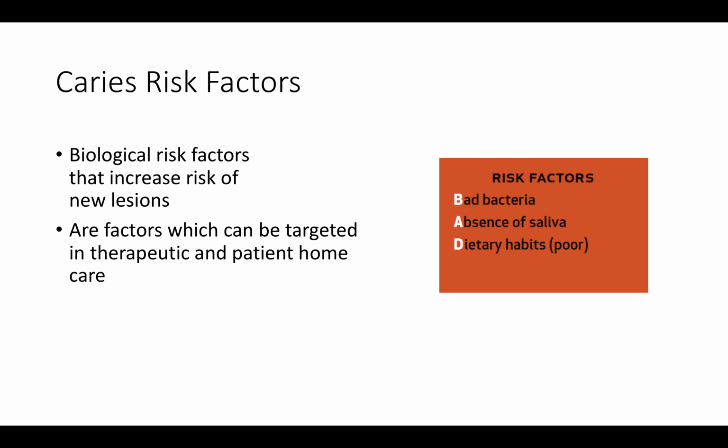They can be poor, and they push the ecological balance out of balance, and disease manifests and progresses. And these are the factors that we would target with our suggestions for things to do at home.